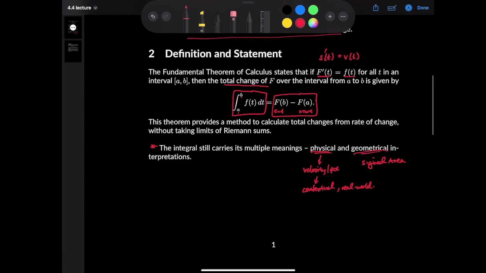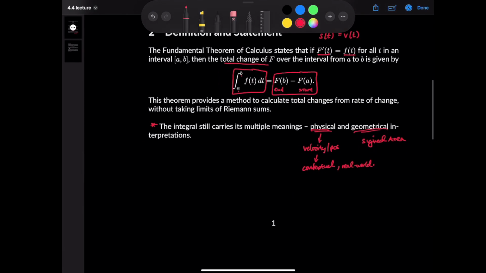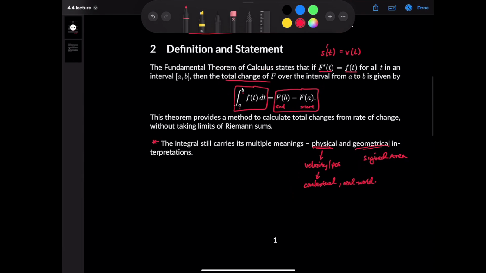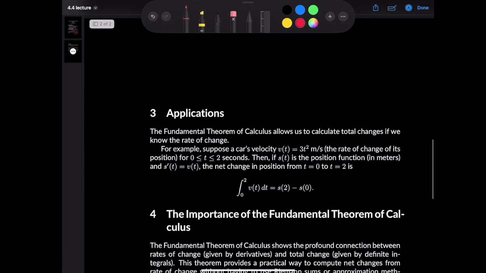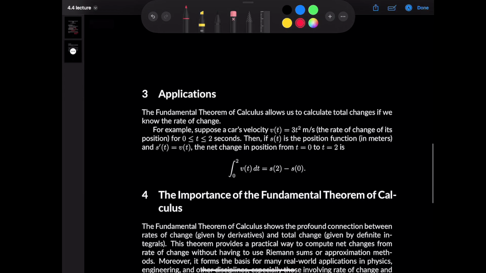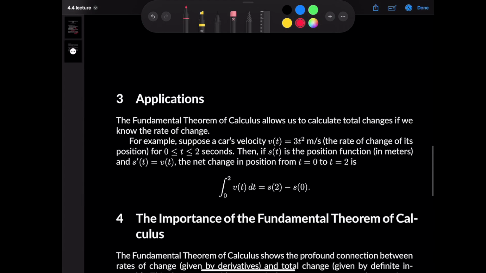This can be economics or biology, chemistry, computer science, etc. So this is connecting the integral and the derivative. That is how it's tied to the fundamental theorem of calculus, and we do so through the lens of net change. Now, I'm going to give us an application, and then I'm going to unpack the notation a little bit more because I feel like this will help us do that.